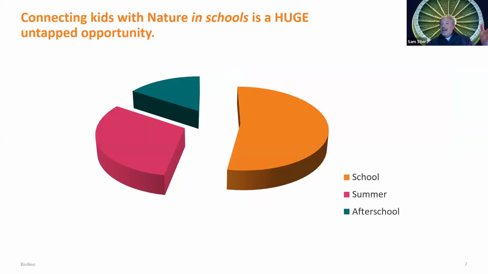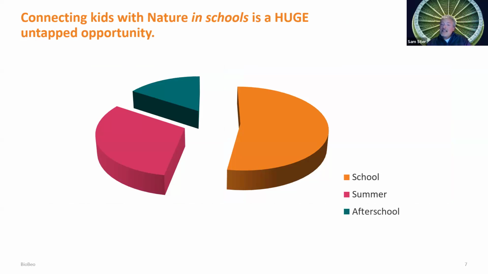Now, meanwhile, connecting kids with nature in schools, somewhat ironically, is a massive untapped opportunity. What this pie graph is showing you is just the amount of time that kids spend in different educational or potentially educational environments.